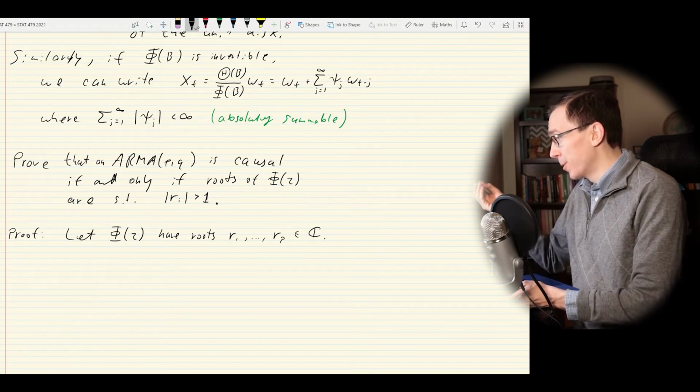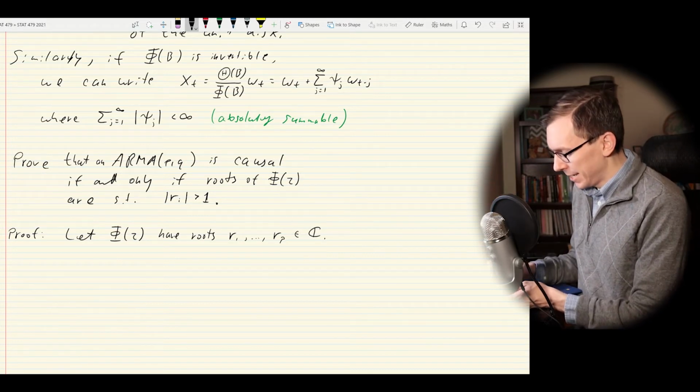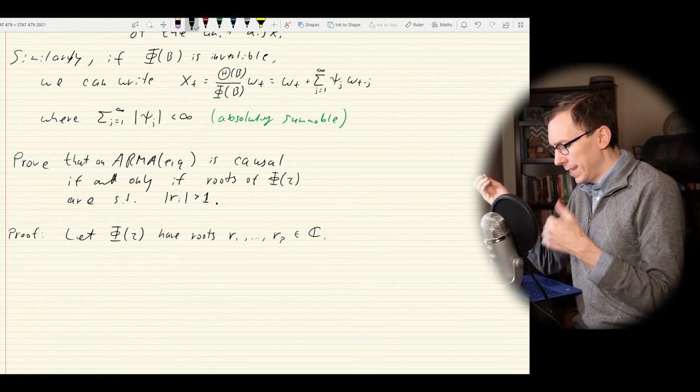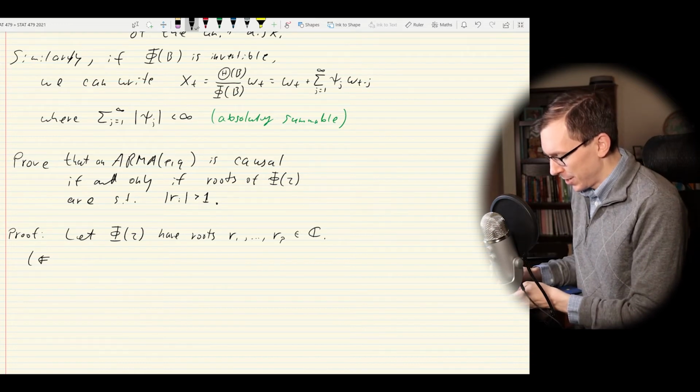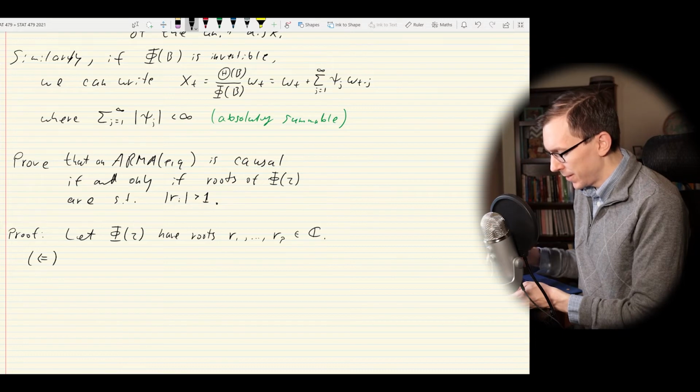So first, we're going to assume that, which way is this going to be going? This is the reverse direction. Yeah. So we're going to prove the reverse direction. Terrible arrow. Let's try that again. There we go.